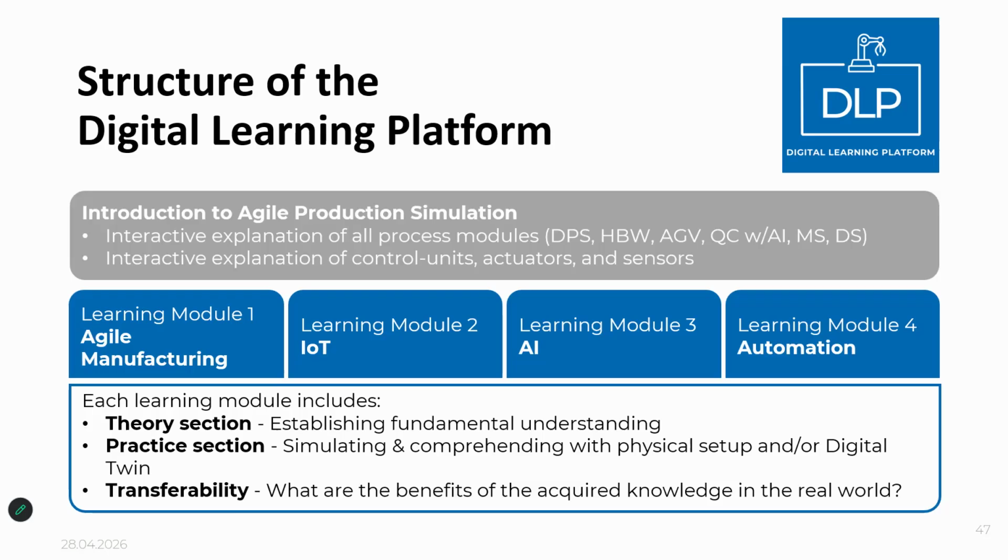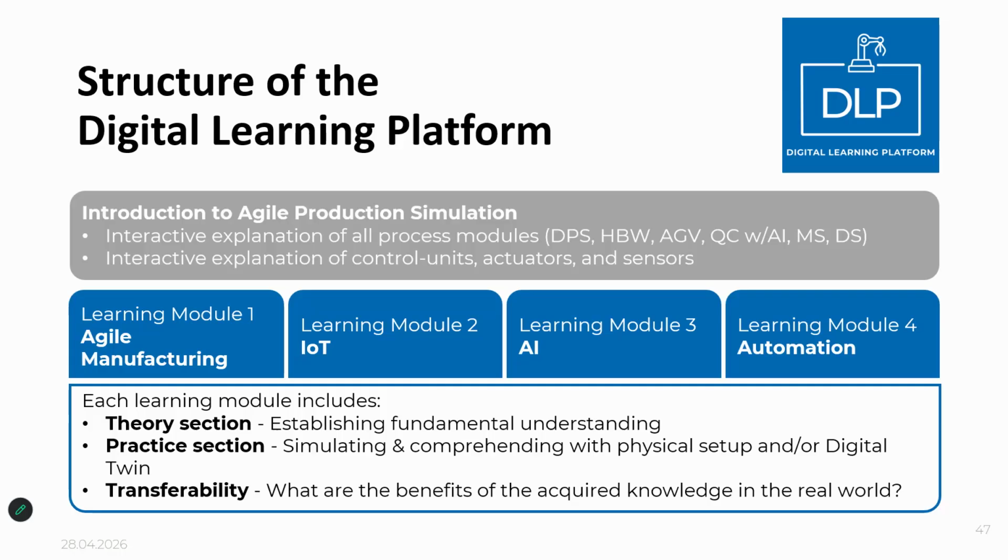Each unit or learning module will include the following: a theory section, establishing a fundamental understanding of the topic at hand. Next, a practice session, and this is where users can simulate and understand the processes being studied with both the physical model and the digital twin version. Transferability, where students get to see how the knowledge they've acquired can be used in the real world.